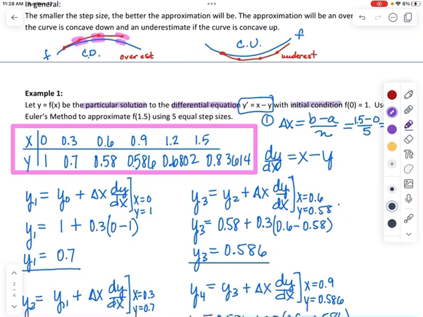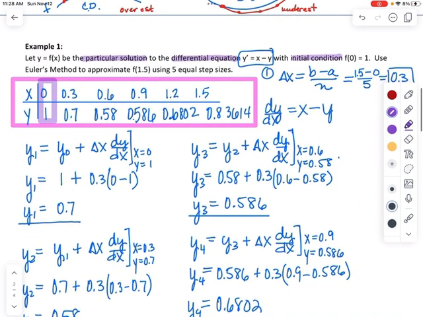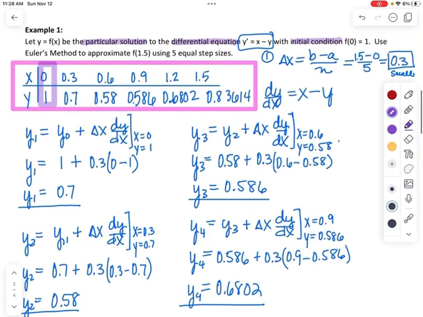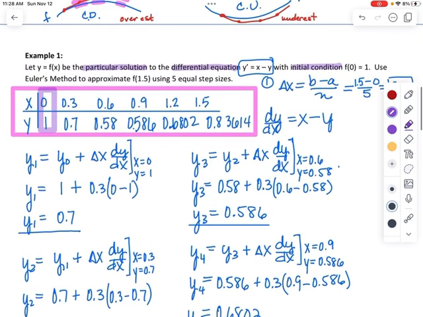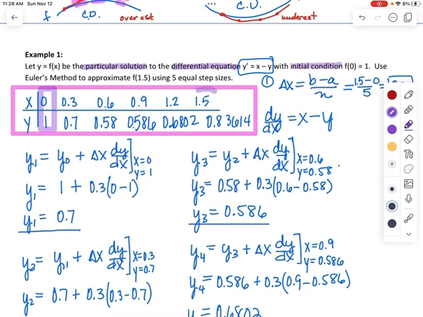With initial condition f of 0 is equal to 1, that gives us our starting place. Use Euler's method to approximate f of 1.5 using 5 equal step sizes. So remember, we're going from 0 to 1.5 here. We take that 1.5 and divide it by 5.